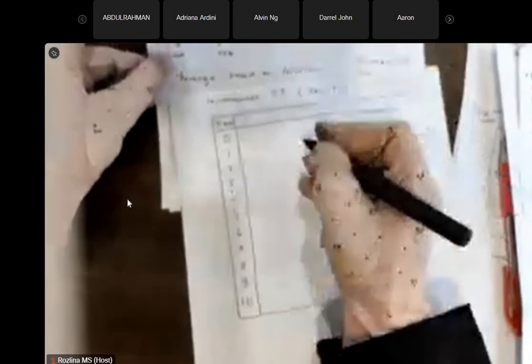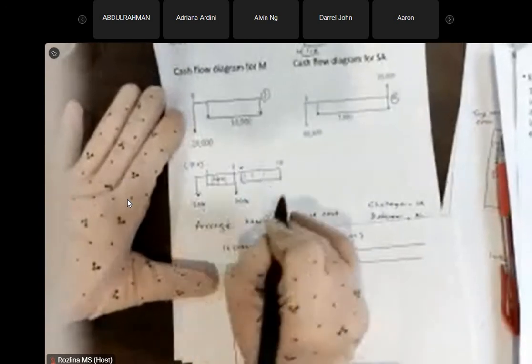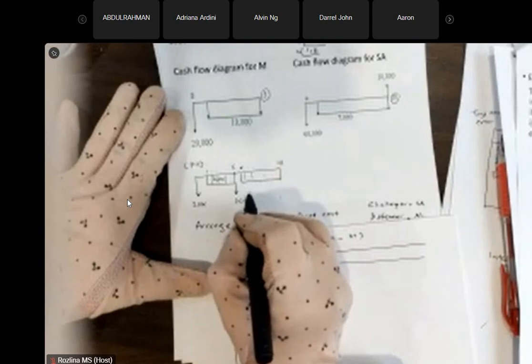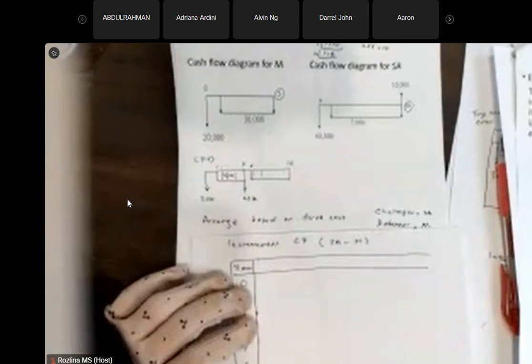Masa nak tengok ni, okay. Tengok balik. You refer to the cash flow diagram ni. Kejap, 60. 20K. Saya lupa lah kejap.